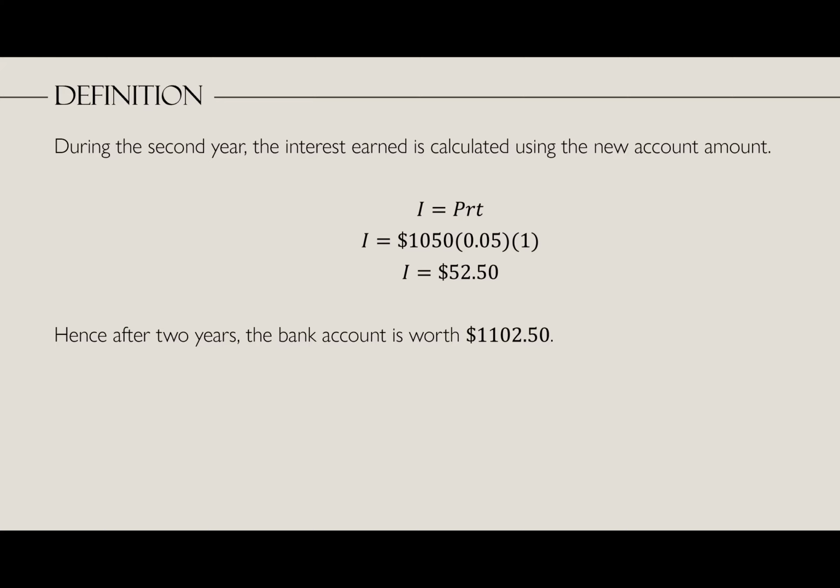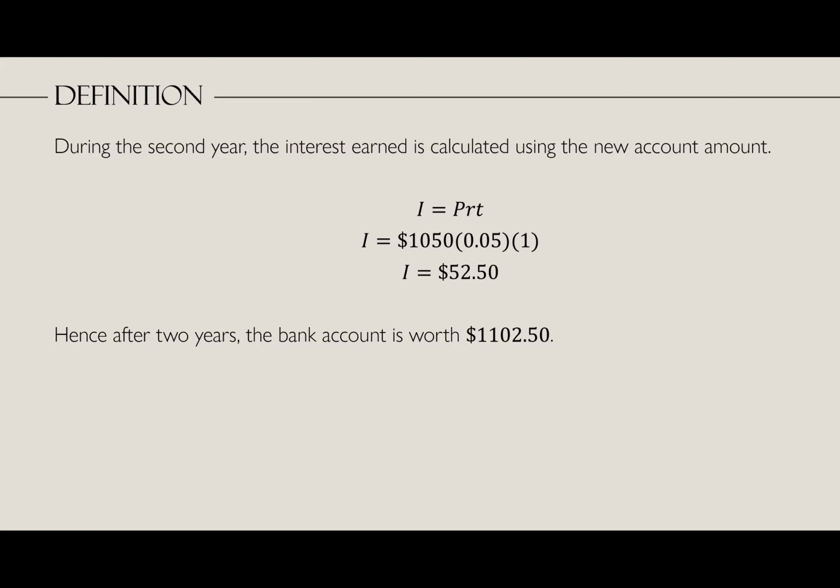So for the second year, assuming I don't touch my investment account, the new interest is now $52.50. Therefore, after 2 years, my bank account went from $1,000 to $1,102.50. So notice here for each year, I changed the principal.